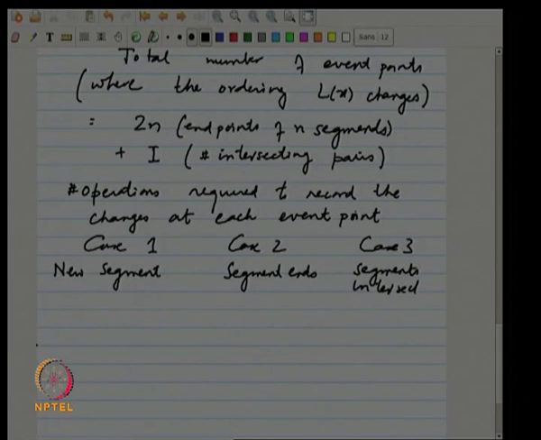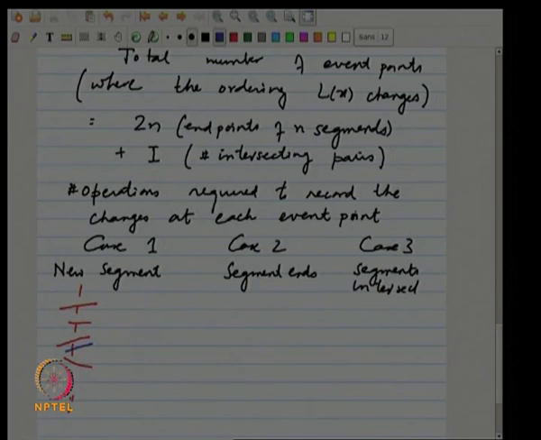When a new segment comes, the situation could have been something like this at the previous event point. A new segment comes in, maybe it is inserted somewhere here.